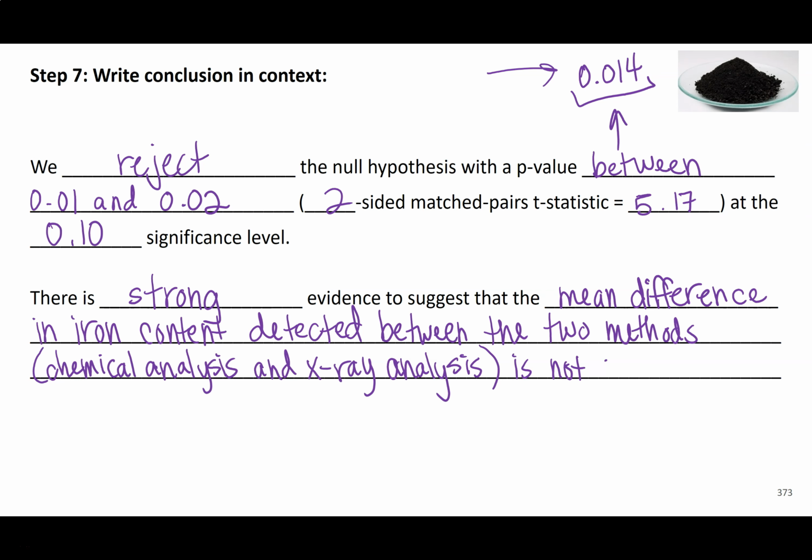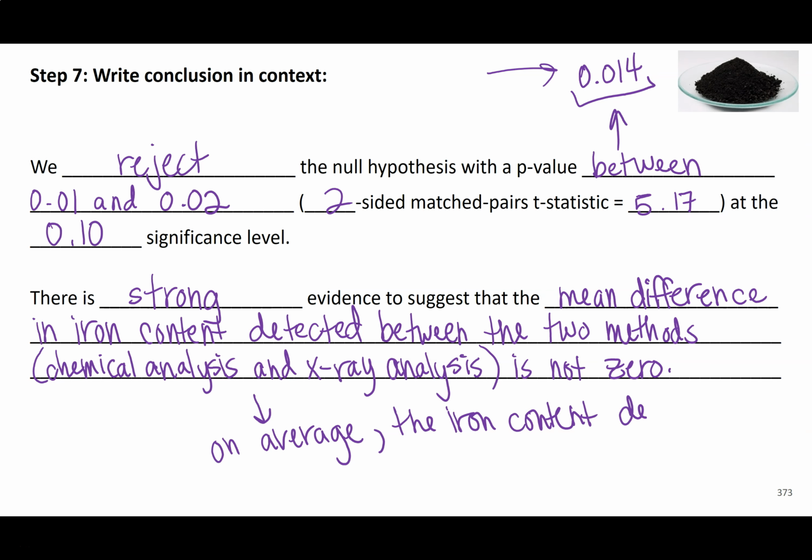And that's a weird thing, like a weird wording, at least in general, in English. So it's saying, basically, a translation here is, on average, the iron content detected between the two methods differ.